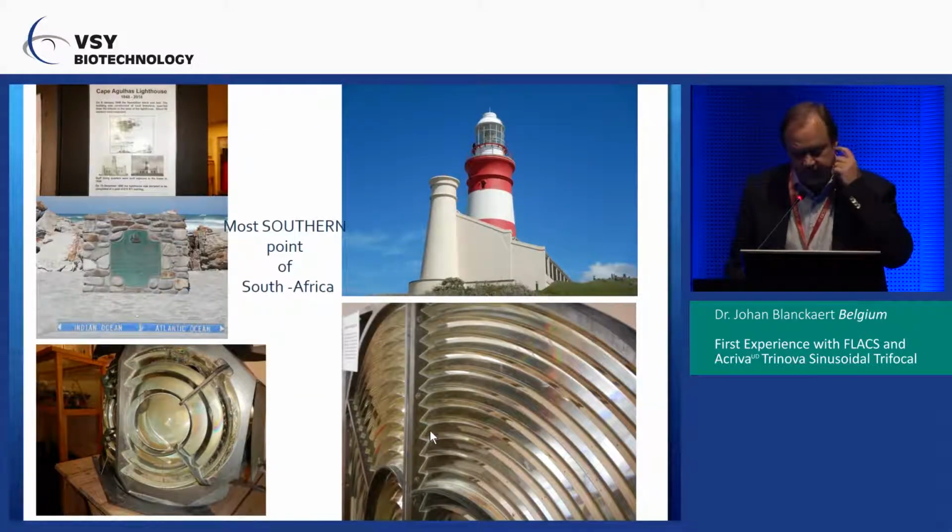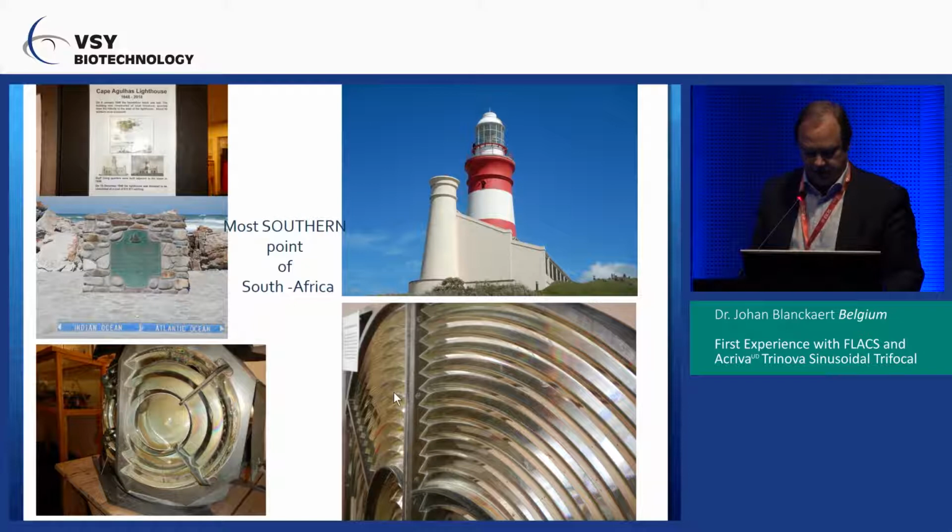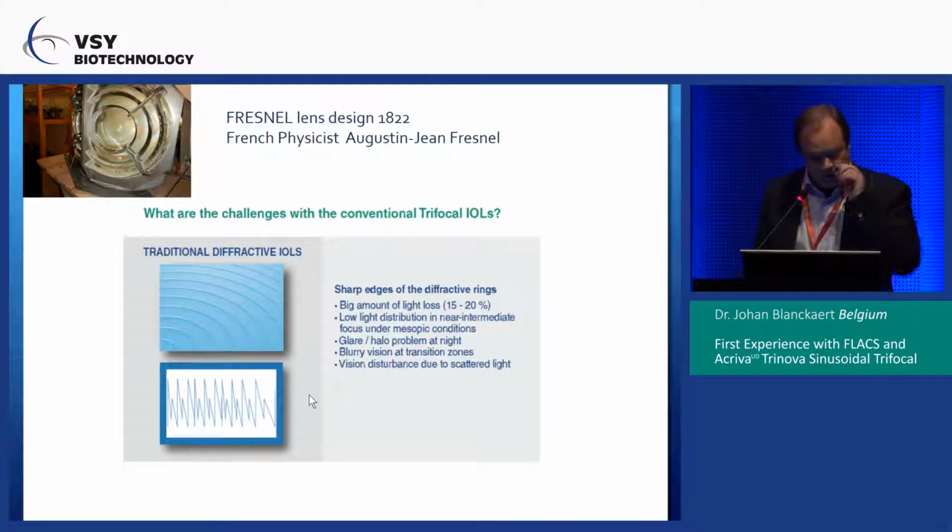First of all, I traveled recently to the southern point of South Africa, and I had the chance to see the early Fresnel type of lighthouse, and really that struck me. The Fresnel design is really an old design, and these are sharp edges of the diffractive rings, and we have discussed already the light loss it causes.